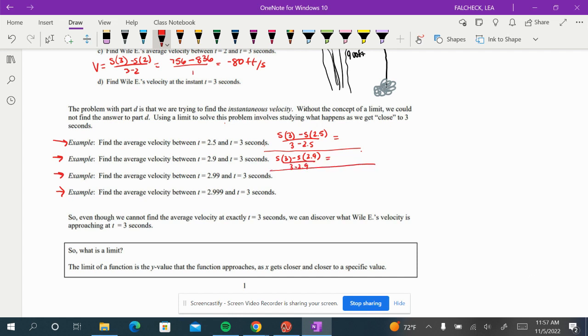You're going to find the average velocity for this time interval. And you're going to see what y value the function is trying to approach. Okay, you're going to see what average velocity we are trying to approach at the particular instance when t equals 3.